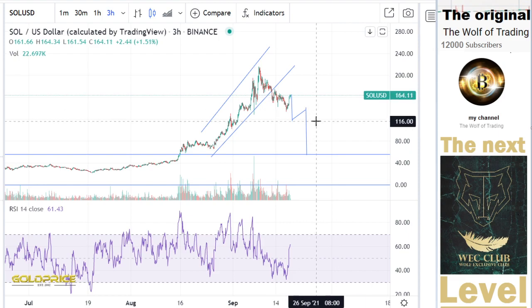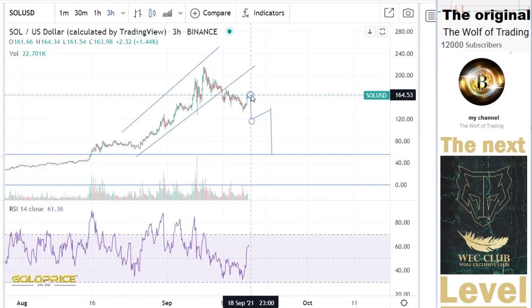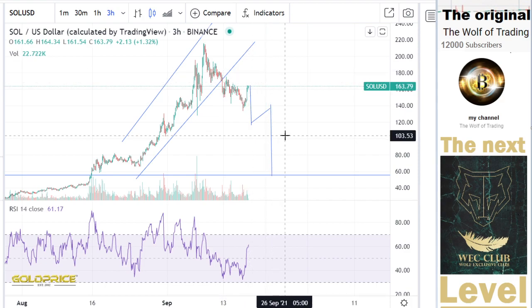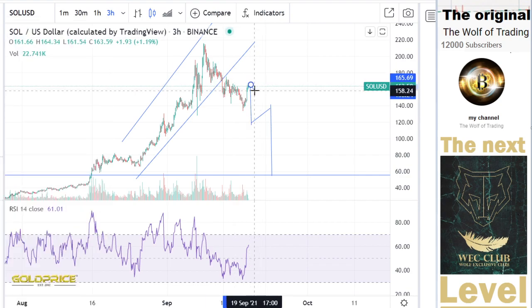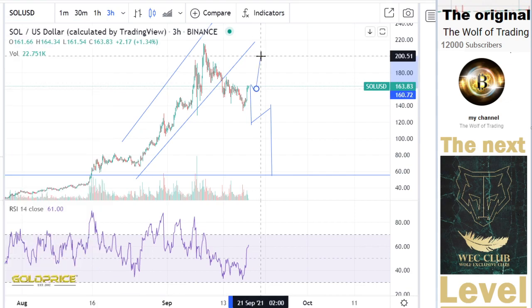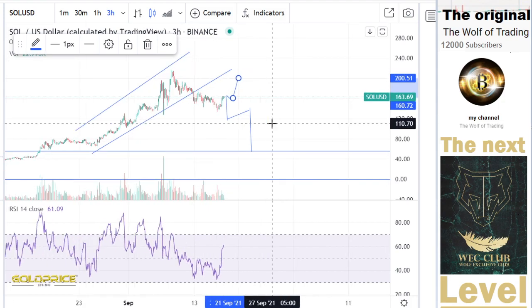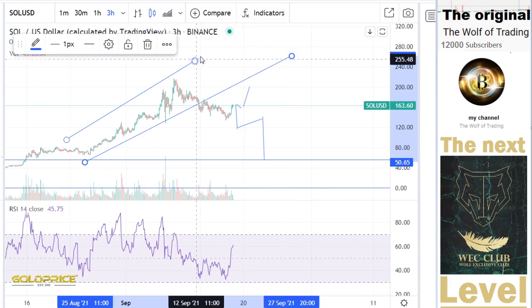So I think we have here the last rising of the price, and after that, I think we could see a fall. We could also see something like that: the price is going to this level and pumping to 200, to retest this area, because you can see that the channel here is going to the top side.